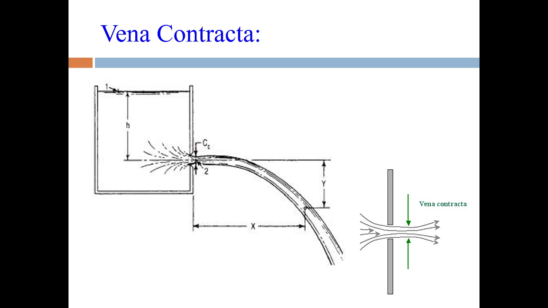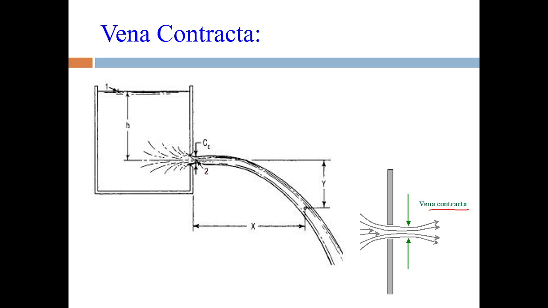Here in this jet, you can see some changes in the diameter. The minimum diameter will be at this point near the orifice. This is the orifice opening, and this is the point where the diameter of the stream or the jet will be the minimum. This is called the vena contracta. So the point on the flowing jet where the diameter is minimum is called the vena contracta.